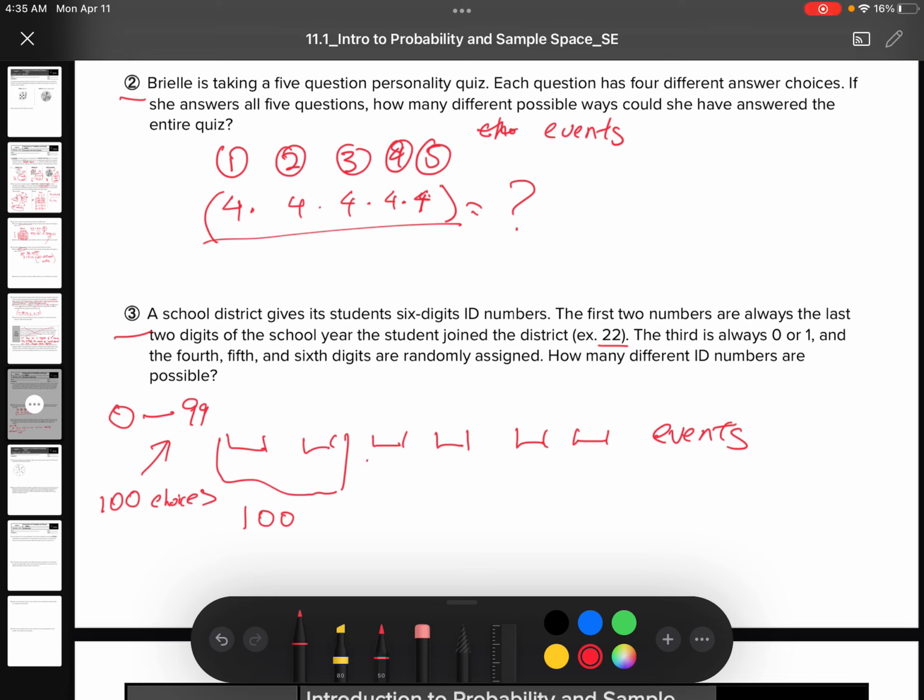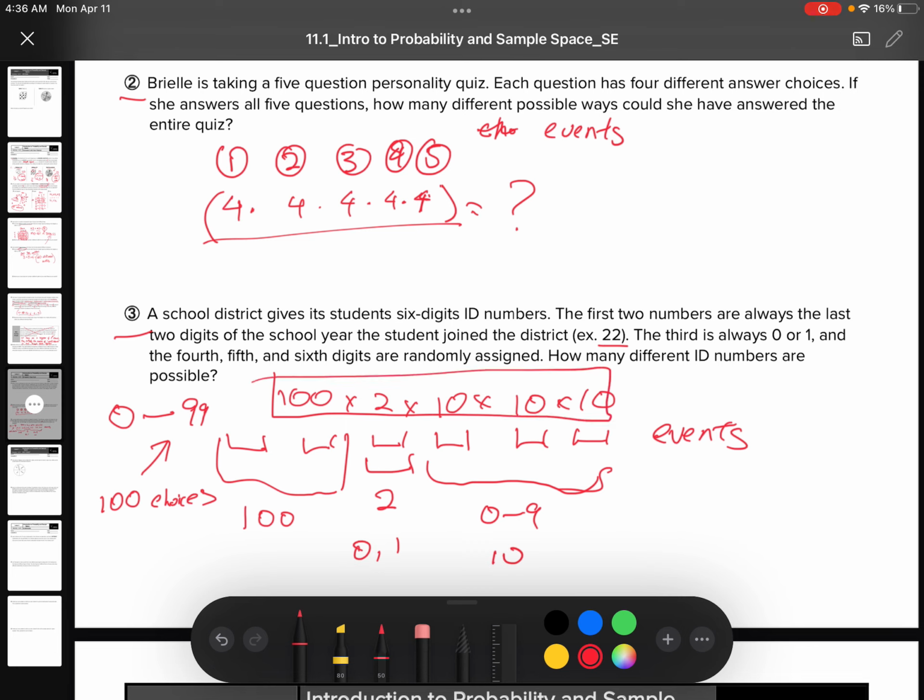The third is always a 0 or 1, so it only has 2 choices. And the 4th, 5th, 6th are randomly assigned. That means there's 0 to 9, which means there are 10 choices each. How many different IDs are possible? So we do 100 times 2 times 10 times 10 times 10, and that should give you the answer.